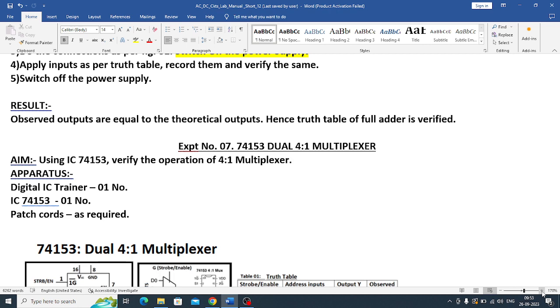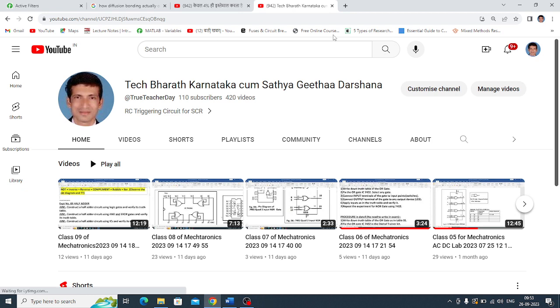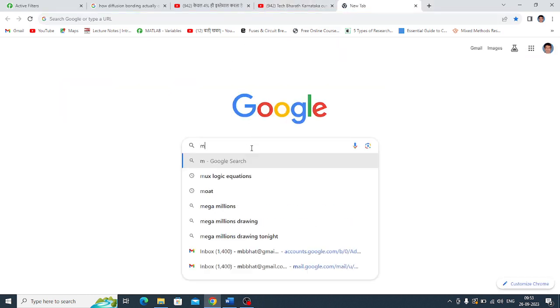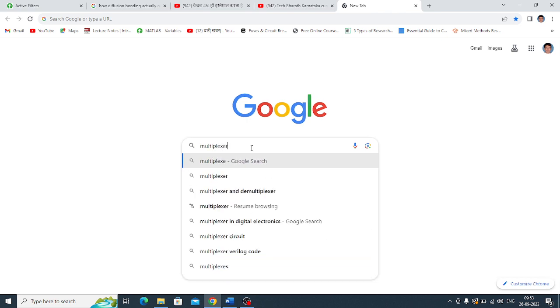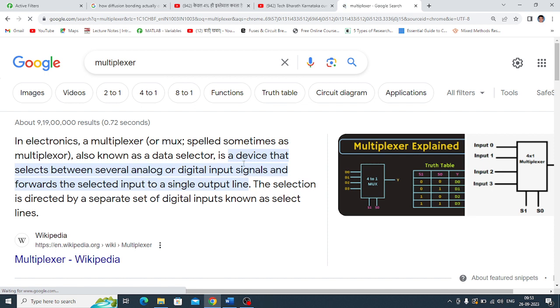Multiplexer means many to one. Means many inputs, one output.